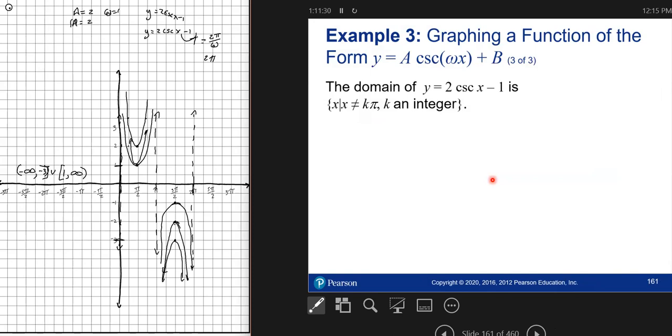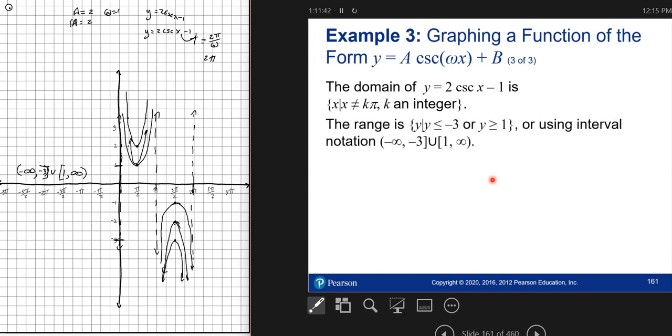So that's what they're saying there. And yeah, that's what I said here with this one for the range. Okay.